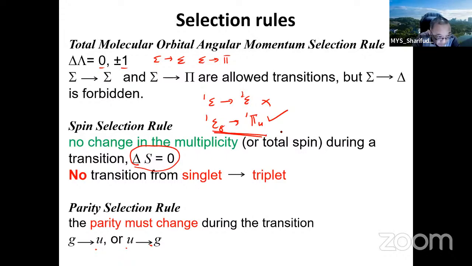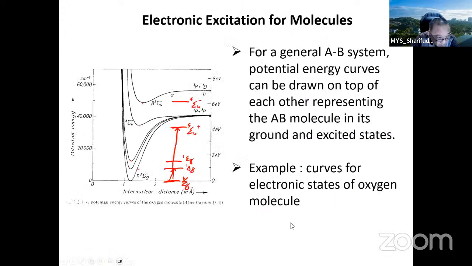If you look at this one, 3 sigma G can go to 3 sigma U. So this transition is allowed. This one is not allowed. This one is not allowed. Okay, this one is allowed. What about this? So you can get from here to here as well, right?